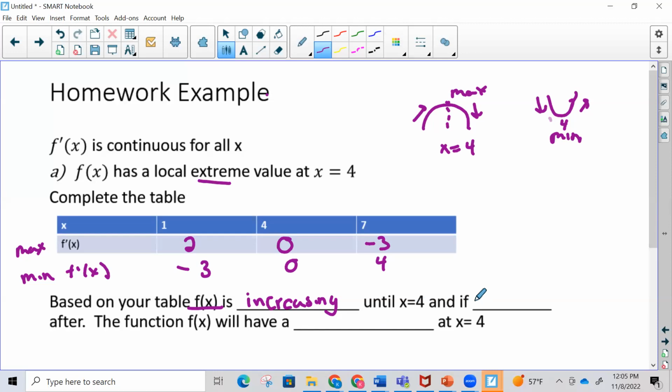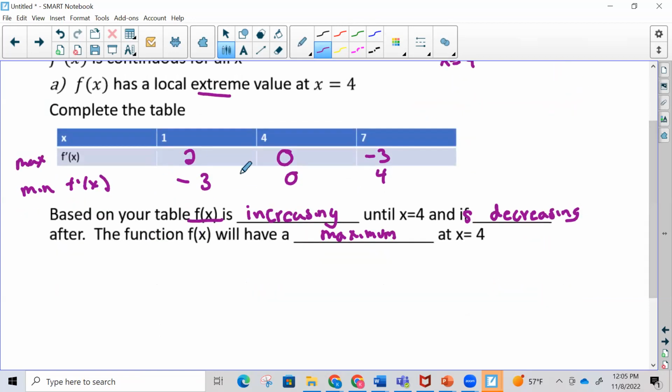And this should say is decreasing after. The function f of x will have a maximum. So that would be if I did like this first case here, this max.